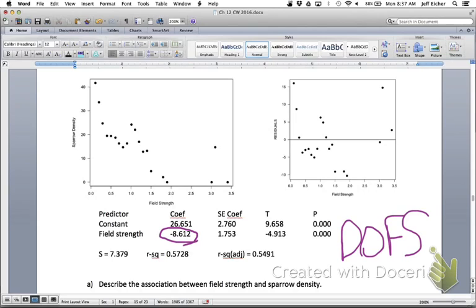Make sure you include context. Outliers, there's this kind of strange point right here at about 3.1 comma 12. So it might not be an outlier, but it's always good to note strange things. So we have an interesting observation, unusual, probably not that influential, but I'll mention that.